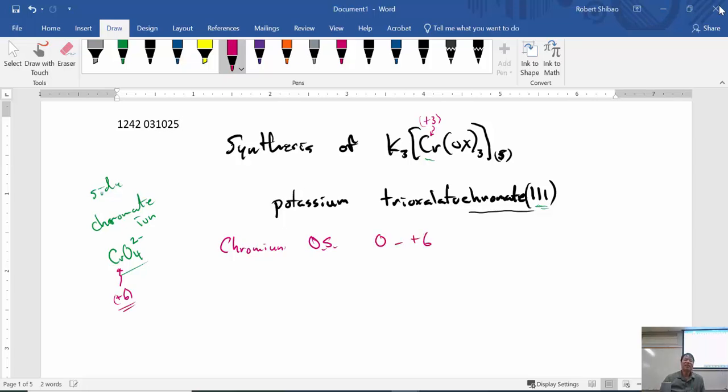So if we see a +6 like this, what do we say? Well, we say it's probably going to be pretty electron poor. And being electron poor, we'd probably say it's an oxidizer or reducer.